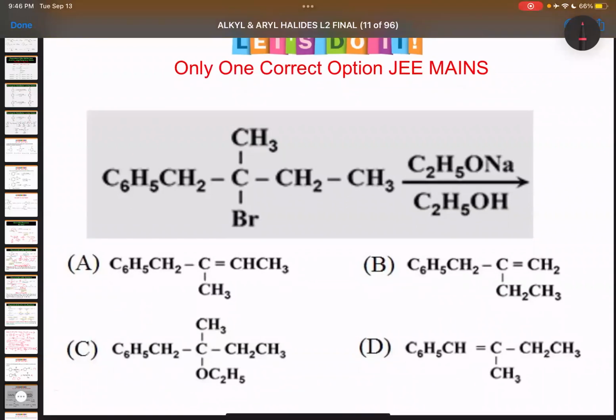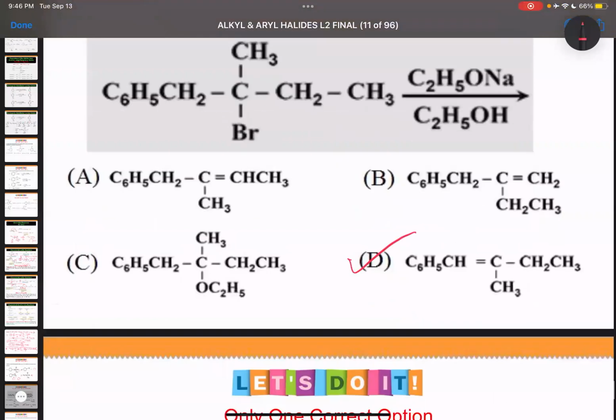Is it going to be D? Yeah, it is D. It is the same concept which we studied in the above question.